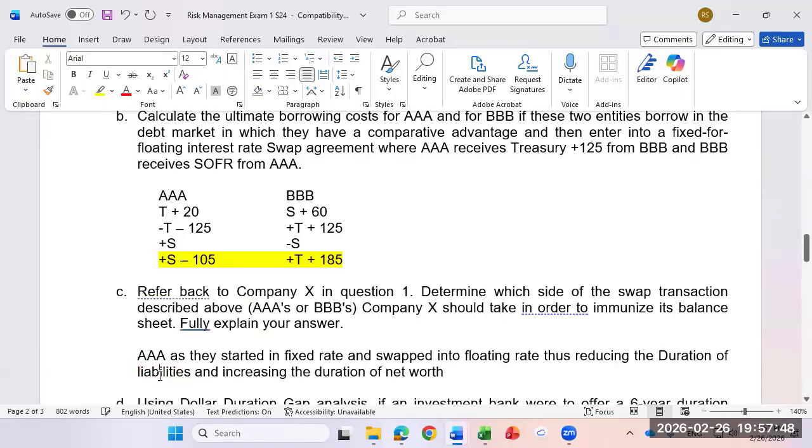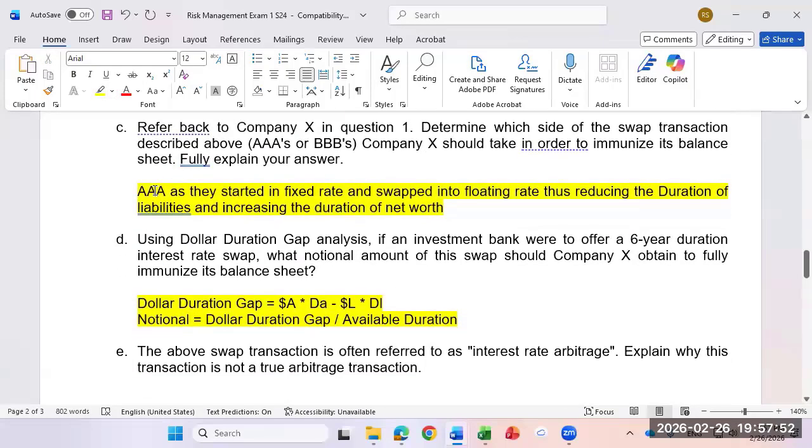And this is an important question to get the word duration in. I do get students saying reduce liabilities, increase net worth, but that's not what we're doing. We're reducing the duration of liabilities, increasing the duration of net worth. That would be a full answer there.